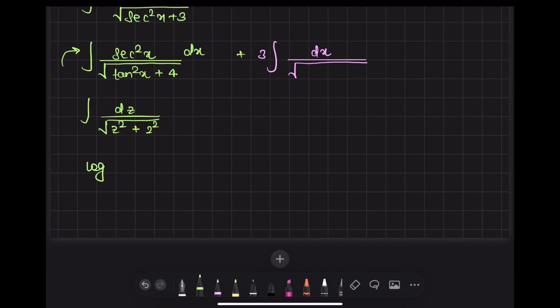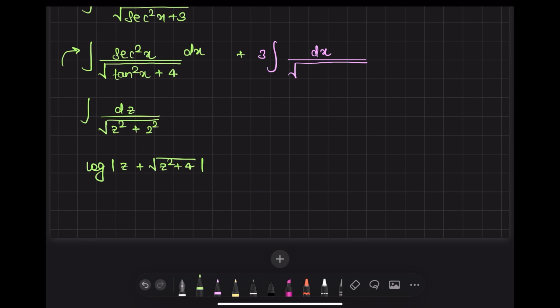Correct? Log, what log? x plus root over z square plus 4.